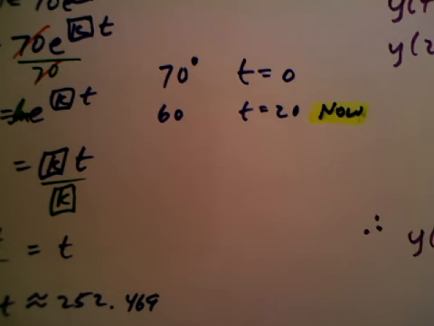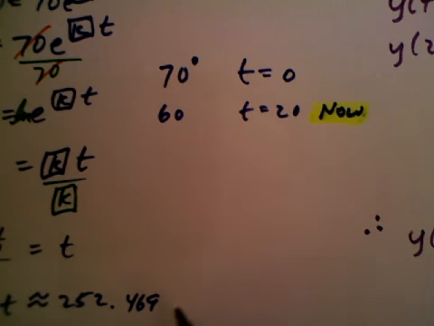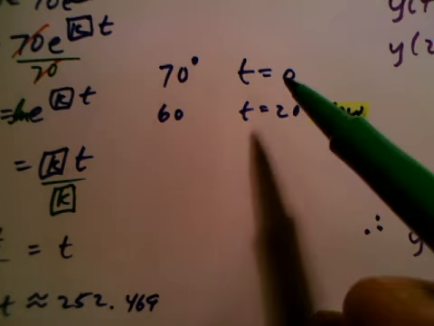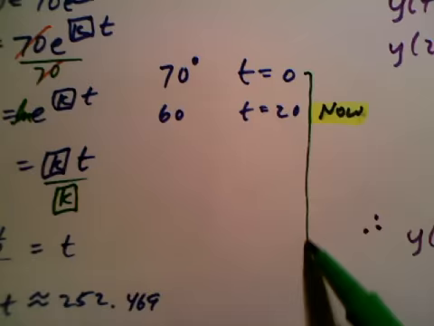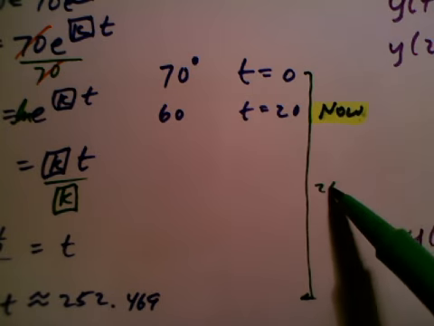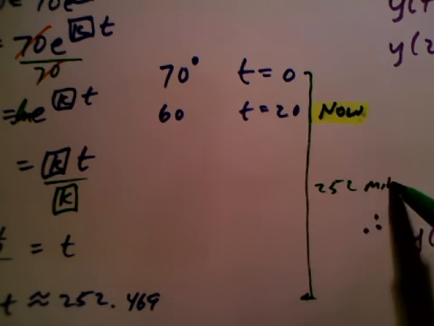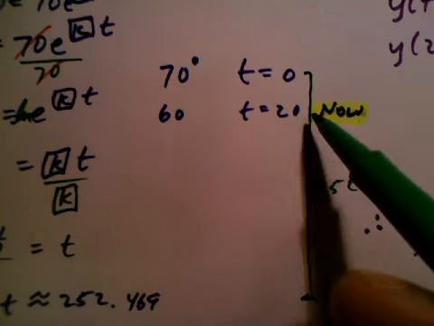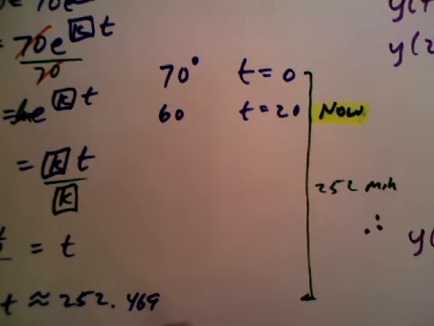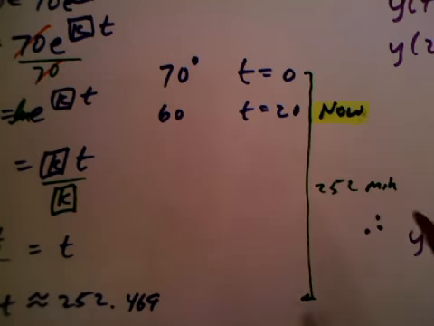Well, from now, it won't be 252 because the 252 is from t equals 0. That's 252 minutes. But from now, you have to subtract 20, right? So you subtract 20 and you get 232.